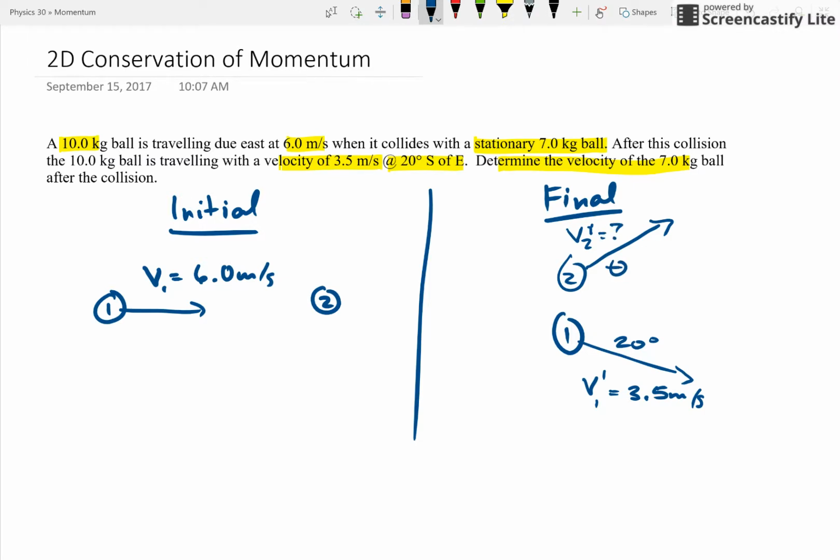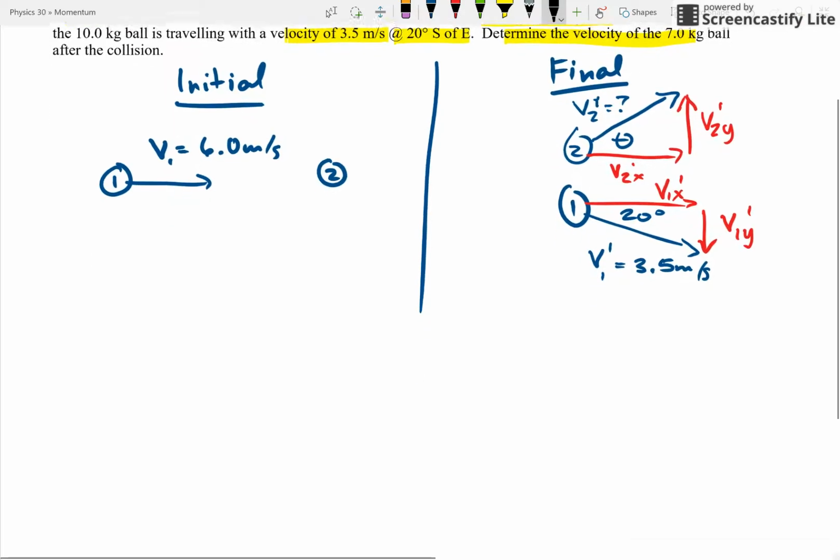Once we've established a diagram, we can label our component vectors to organize our work. I'll call these v2x prime and v2y prime, and these v1x prime and v1y prime. Then I can head into the work.